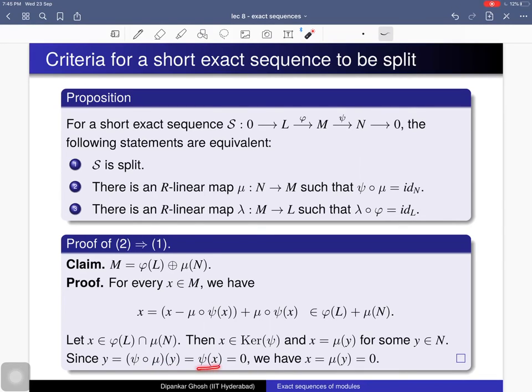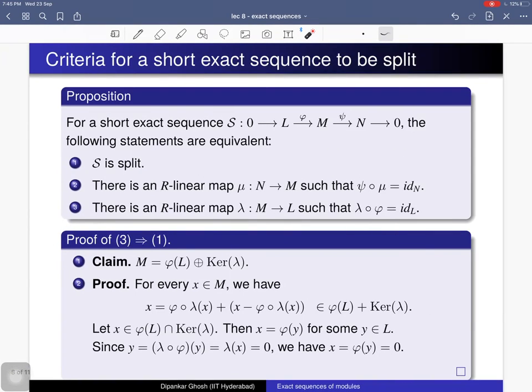Since x is in the kernel of psi, this is 0. So, therefore, y is 0, and hence x, that is mu of y, should be 0. Therefore, this intersection is trivial. Okay. And therefore, this usual sum is just this internal direct sum. Okay. And this proves that this short exact sequence is split.